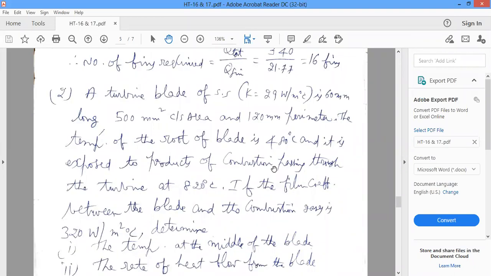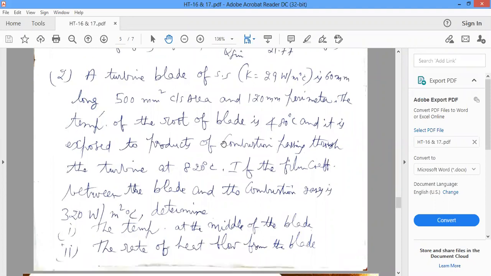Next, very important problem. So, second problem. A turbine blade. All of you read the problem very carefully. A turbine blade of SS, stainless steel, of thermal conductivity 29 watt per meter Kelvin is 60 mm long.